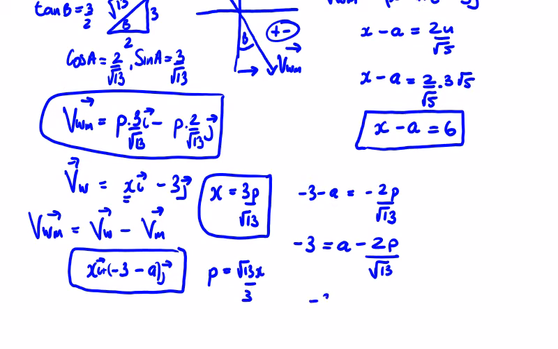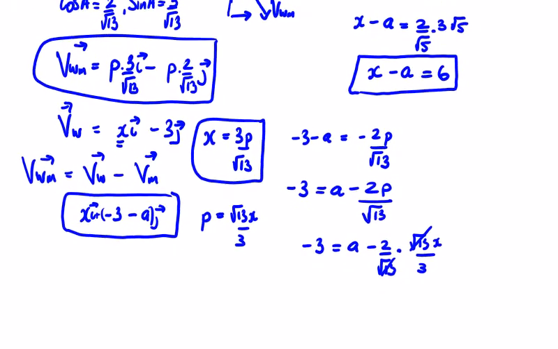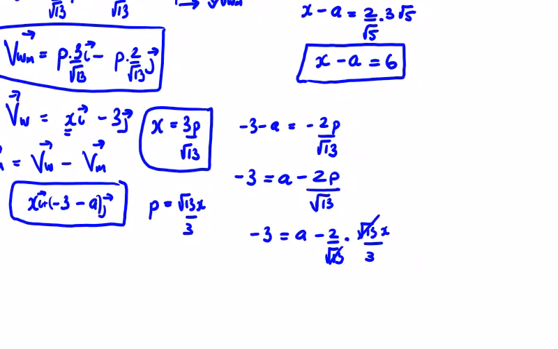So now I have minus 3 is equal to a minus 2/√13 times p, which is √13x over 3. So I also get a here. I get a is equal to x minus 6. So now I have minus 3 is equal to x minus 6 minus 2x over 3.